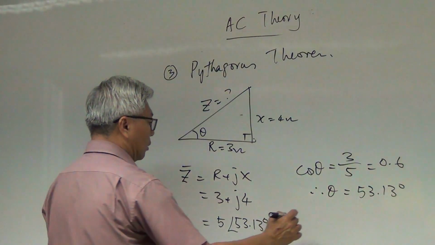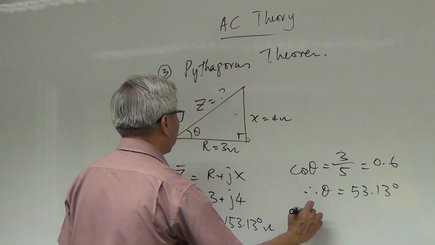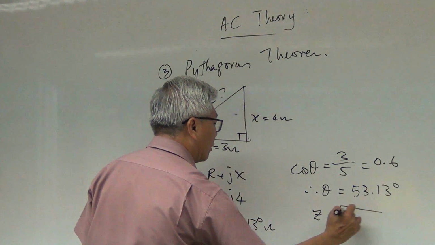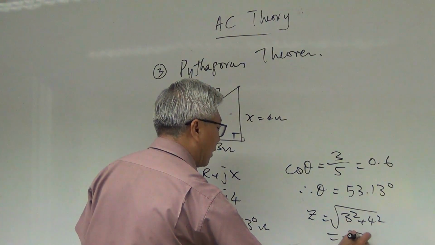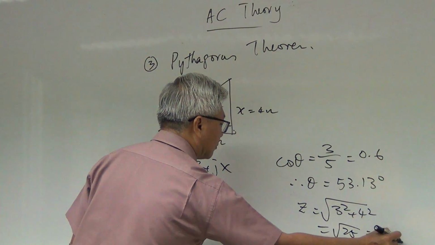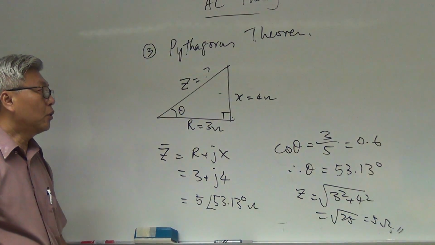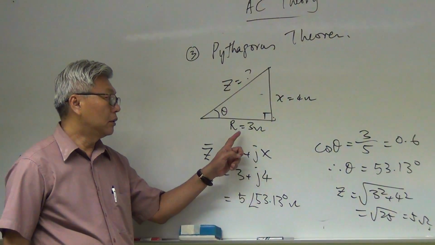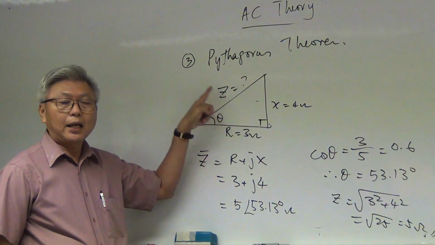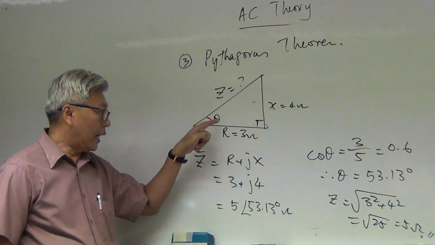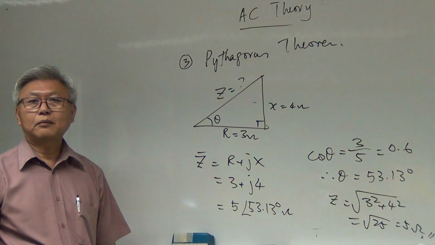In other words, Z is equal to square root of 3 square plus 4 square, which is square root of 25, so that's equal to 5. In a right angle triangle, 3 square plus 4 square is equal to Z square, and Z can therefore be found, and the angle can also be found.